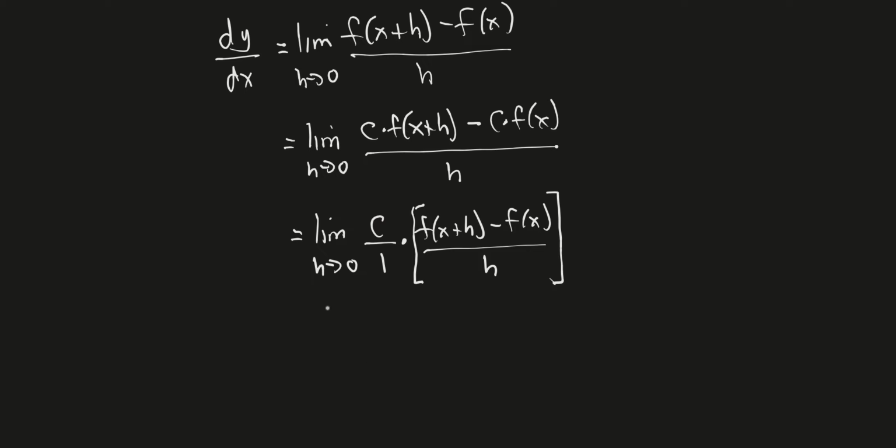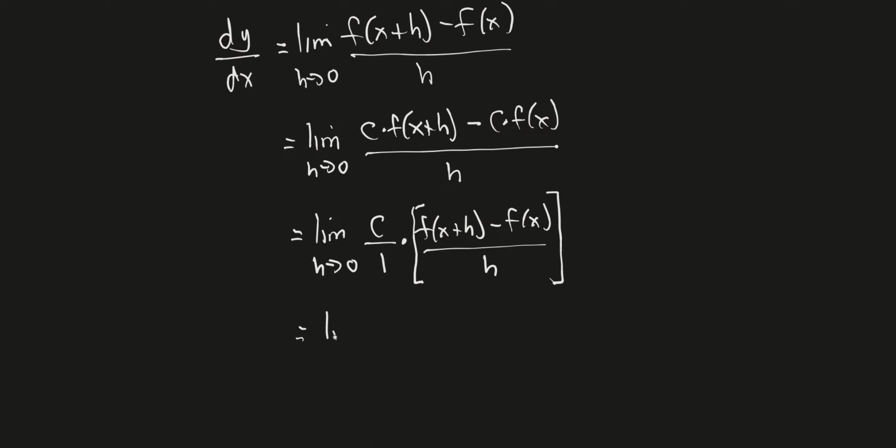So we have this product here. And remember, we have a property for limits that says, provided the limits exist, I can take the limit of this part and then the limit of this part separately and multiply the results.